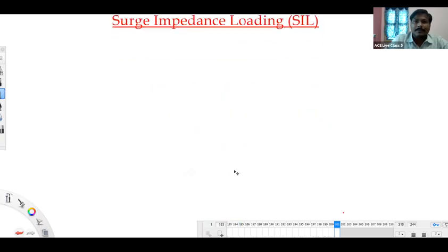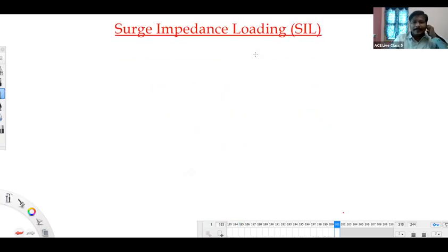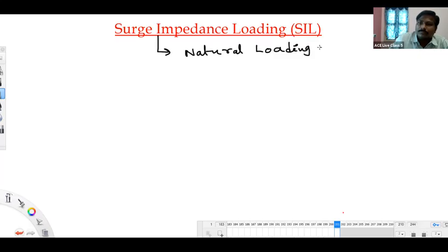See, sometimes the surge impedance loading can also be called the natural loading of the transmission line.